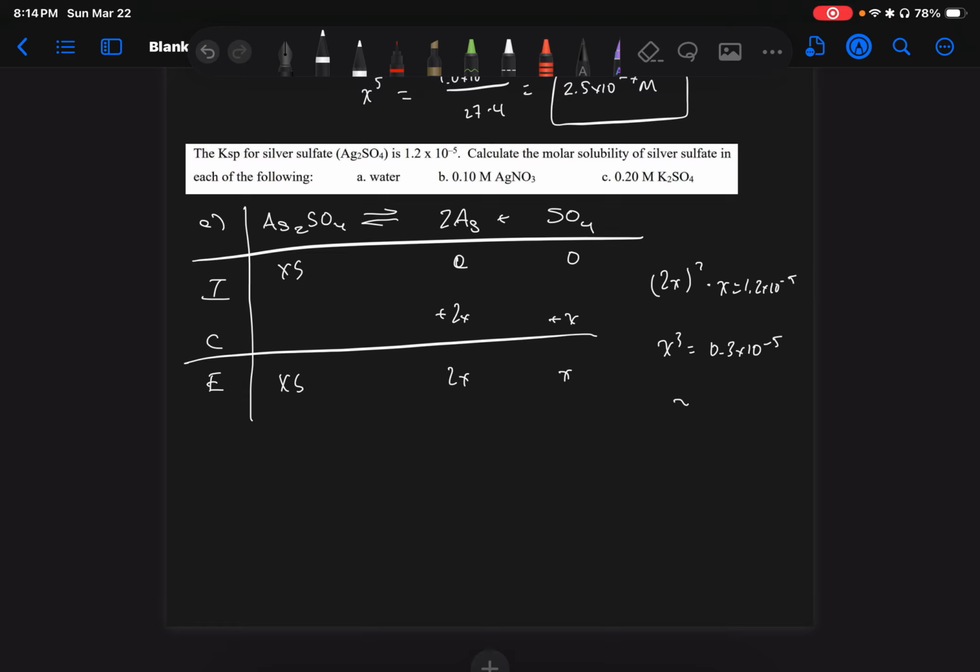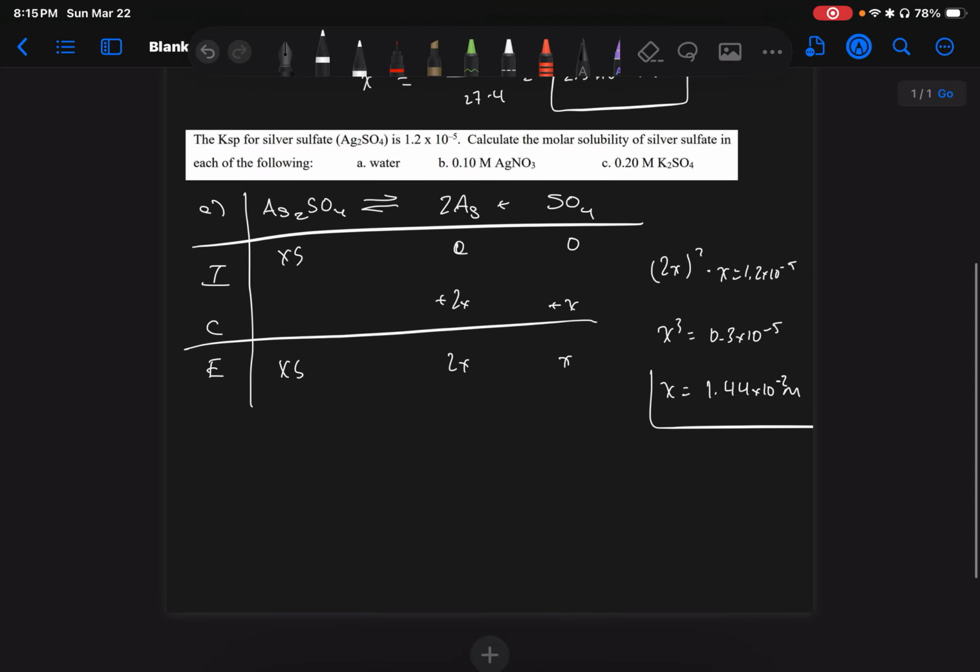I actually don't know if that's right, but I'll just plug in the original value. 1.2 e negative 5 divided by 4 should get 1.44 times 10 to the negative 2 moles. Okay, that's part A.